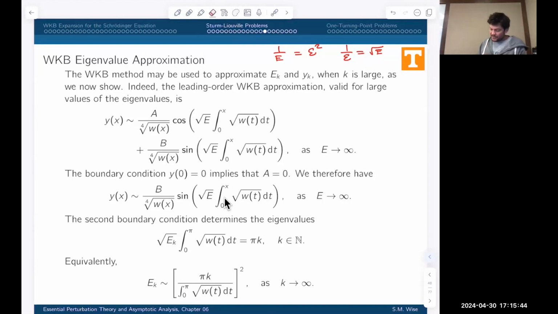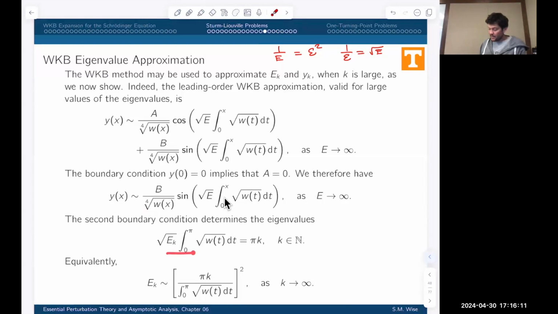Because the second boundary condition is only satisfied if this whole thing is equal to 0 at x equals pi. If I put in x equals pi, then this argument becomes square root of E, integral 0 to pi, of square root of w(t) dt.